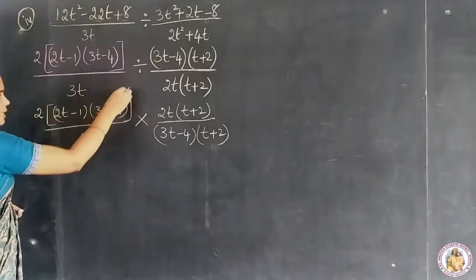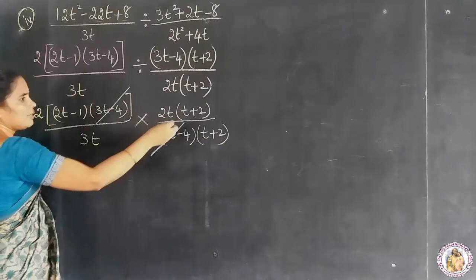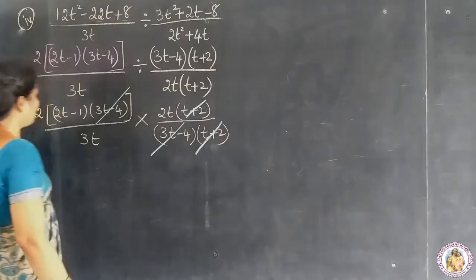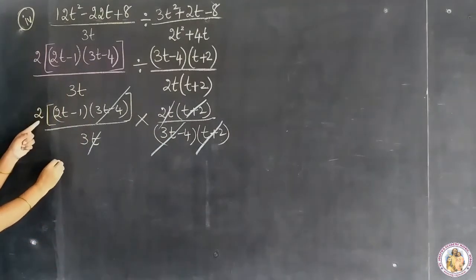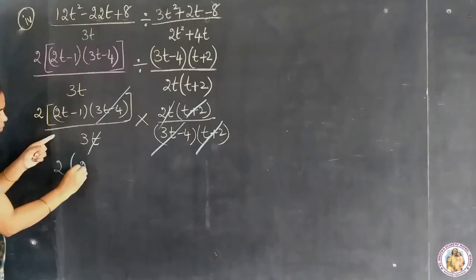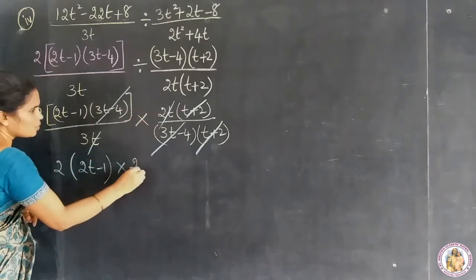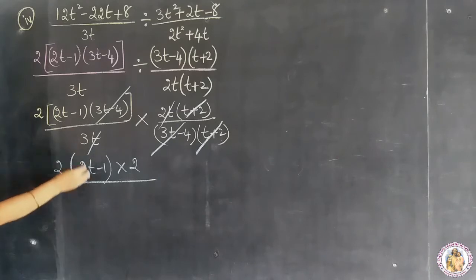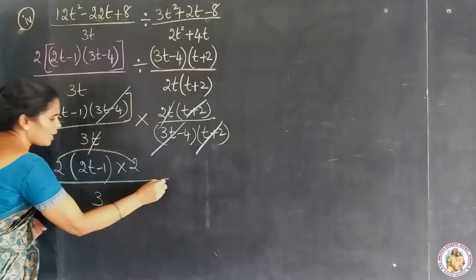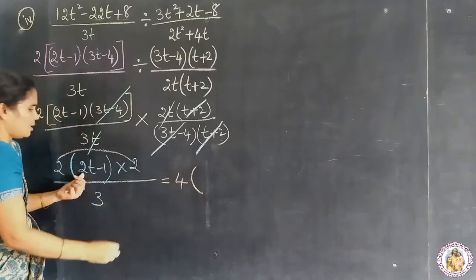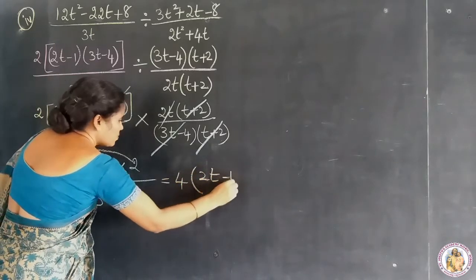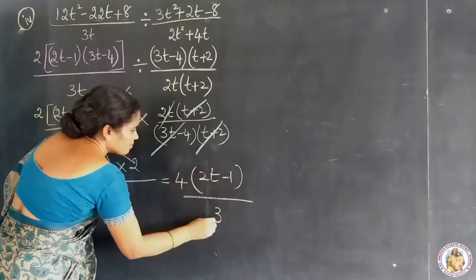So 3t minus 4, t plus 2. Then write 2 within bracket 2t minus 1 and here we have 2 divided by 3. Now you can multiply 2 into 2 as 4 and 2t minus 1 by 3.